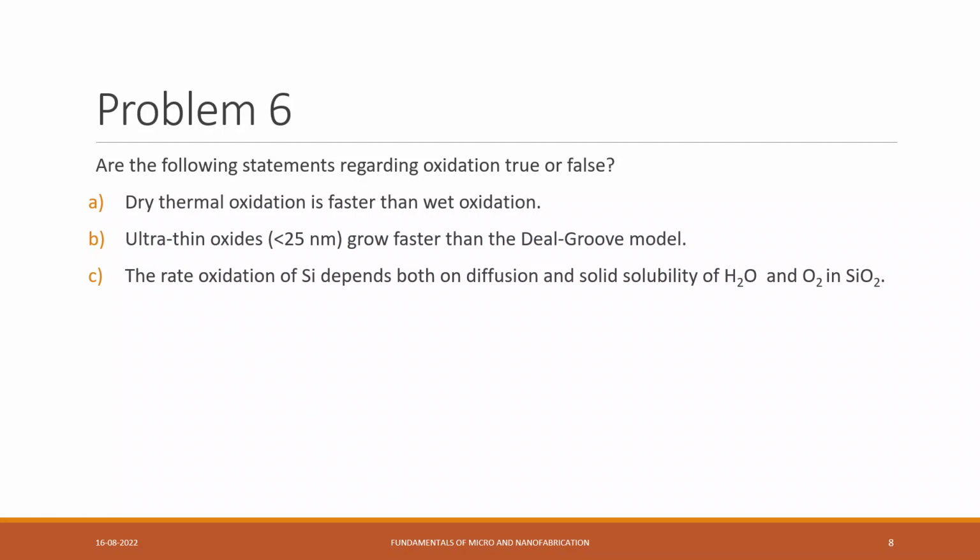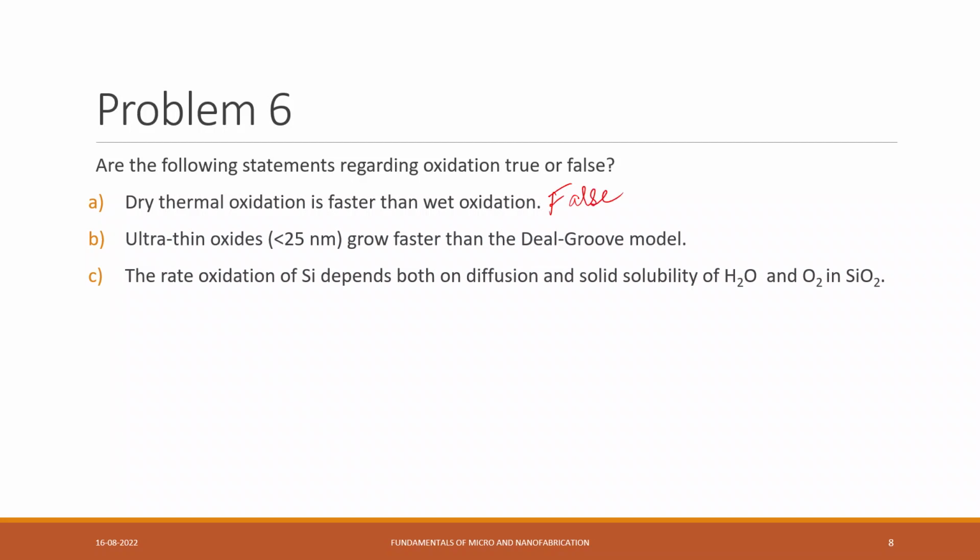It's not an option; I could tell statement wise. First one is true, A is false. So dry oxidation, if I'm not wrong, is around 5 times slower than the wet oxidation. So yeah, it's false.